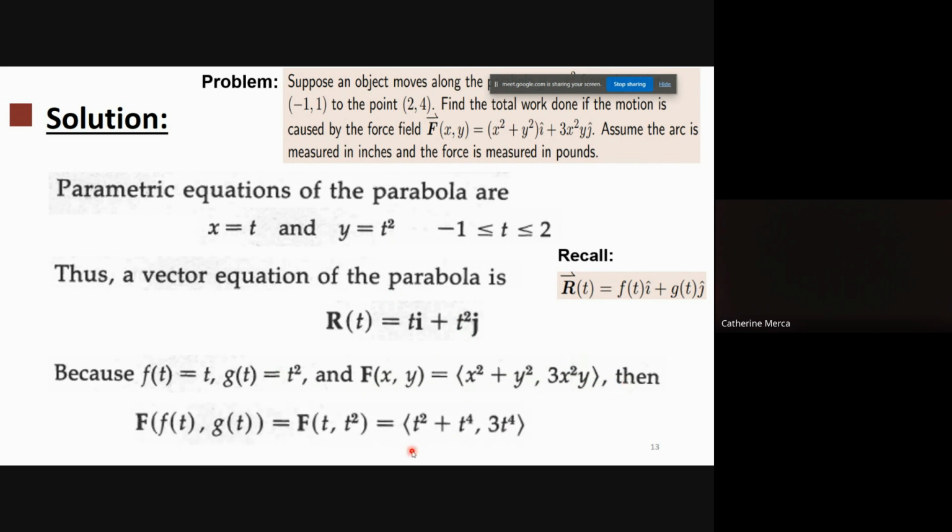So that is F of t, t squared. You can replace x squared there with t squared, and y squared will be t to the fourth, since y is t squared already, so when you square that, you come up with t to the fourth. Then 3x squared y: since y is t squared, 3t squared times t squared will give us 3t to the fourth.